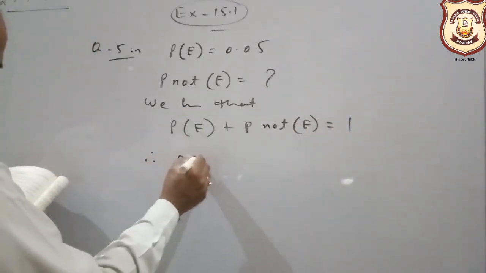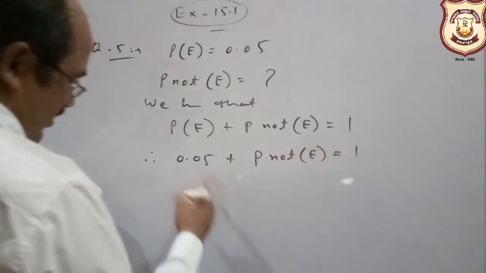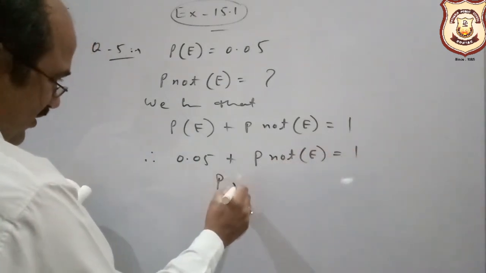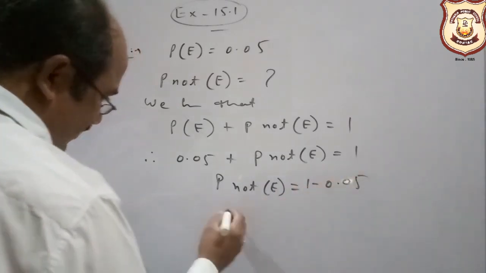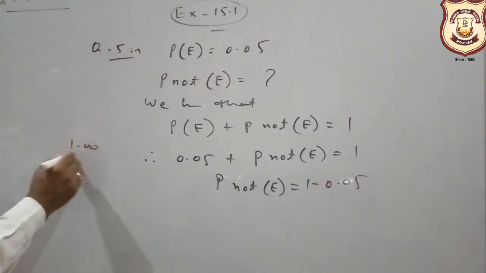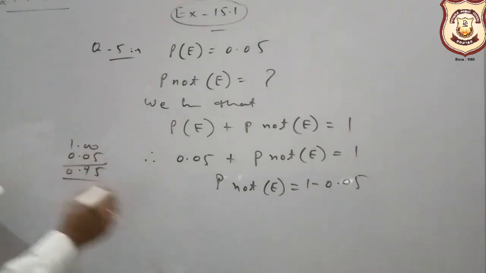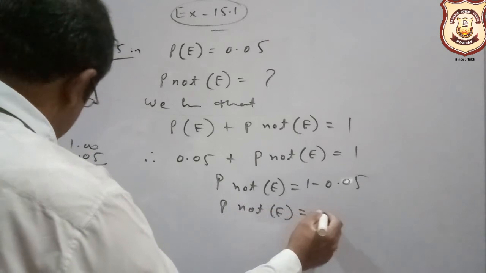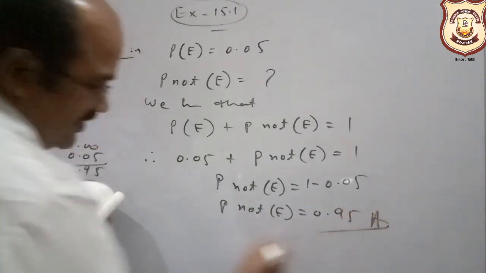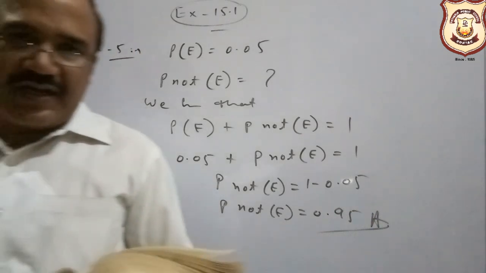Therefore 0.05 plus P(not E) equals 1. This you will take to the other side. P(not E) equals 1 minus 0.05, which is 0.95. So 0.95 becomes the answer of question number 5. So students, complete your work till question number 5.